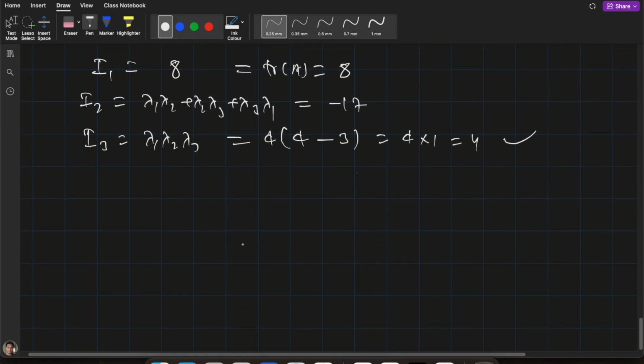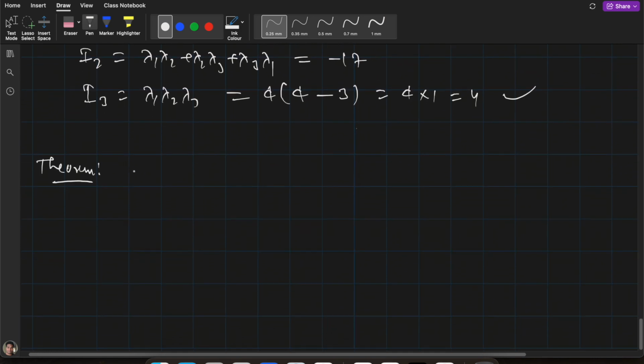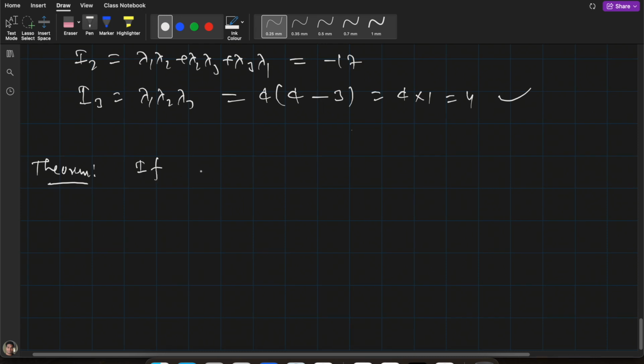Okay, so before moving to that, I will first introduce a theorem. If A is an n by n triangular matrix, not just any matrix, a triangular matrix.